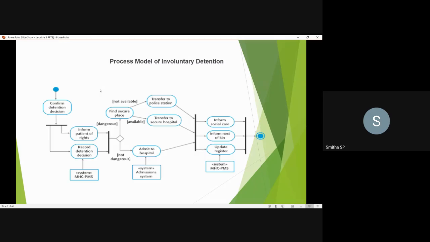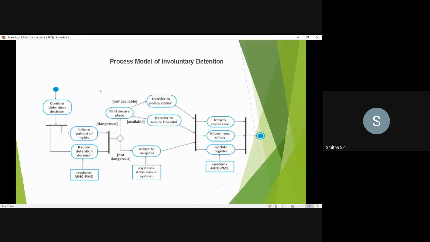In the next slide, we can see the figure which shows the process model of involuntary detention. This figure shows the processes used in the MHC-PMS. It is not necessary to discuss each activity, but you have to observe how the activity diagram represents the business process.